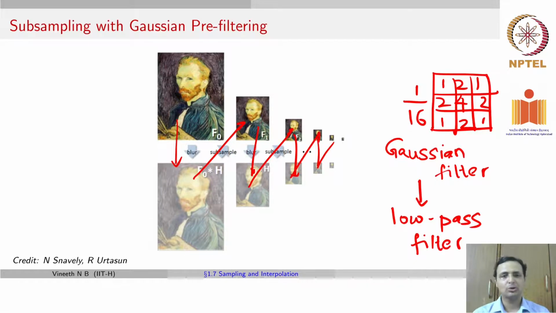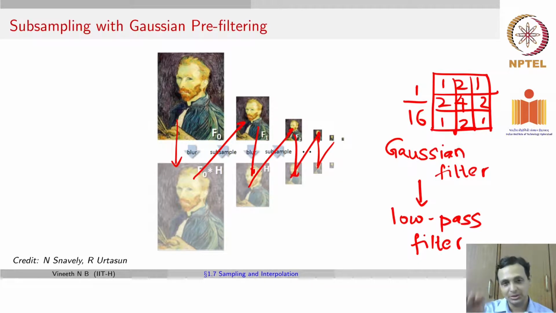Remember, any smoothing filter removes a certain amount of high frequencies. So by applying the Gaussian blur, you've removed the high frequency, which means your sampling rate now can actually be reduced. Remember again, the Shannon sampling theorem states that you must sample at least twice the maximum frequency in the image.